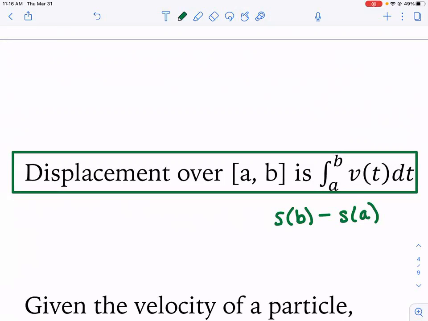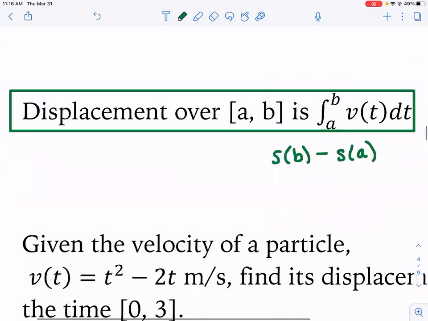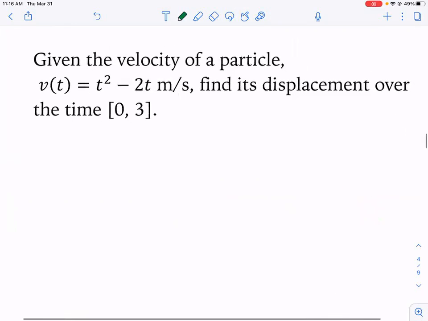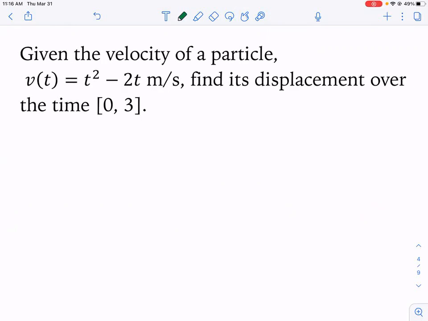Okay. So here we go. I want the displacement of this particle from 0 to 3. So just write down the example so you have it, and then we'll go through it together.